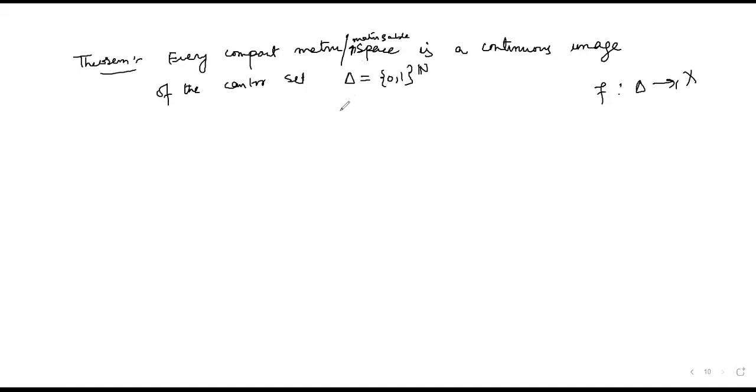We call it a metrizable space because it was not ab initio a metric space, although that's not relevant that much here. But some books write metrizable space instead of metric, but it would nevertheless apply. So it's a continuous image, so you can define an onto map from delta to X for any compact metric space X.